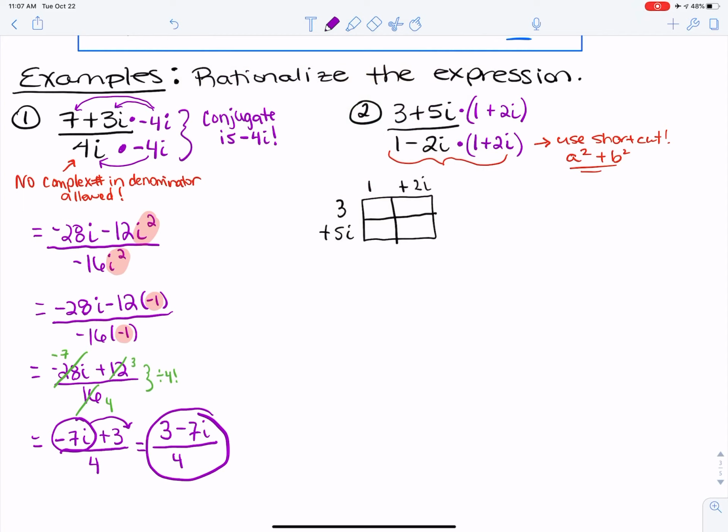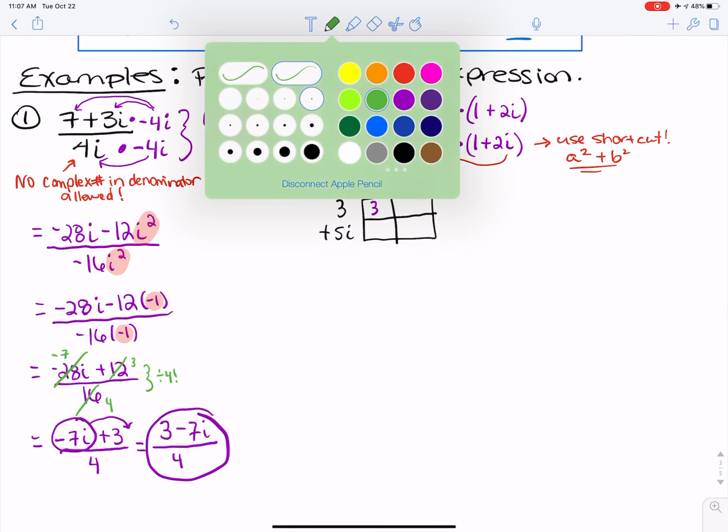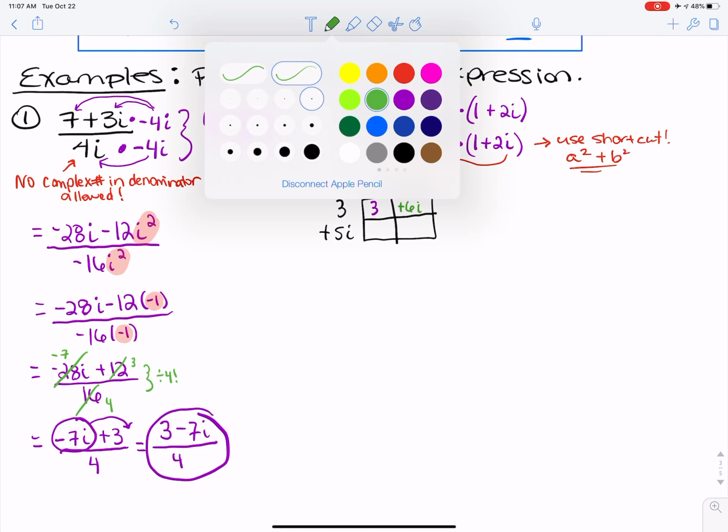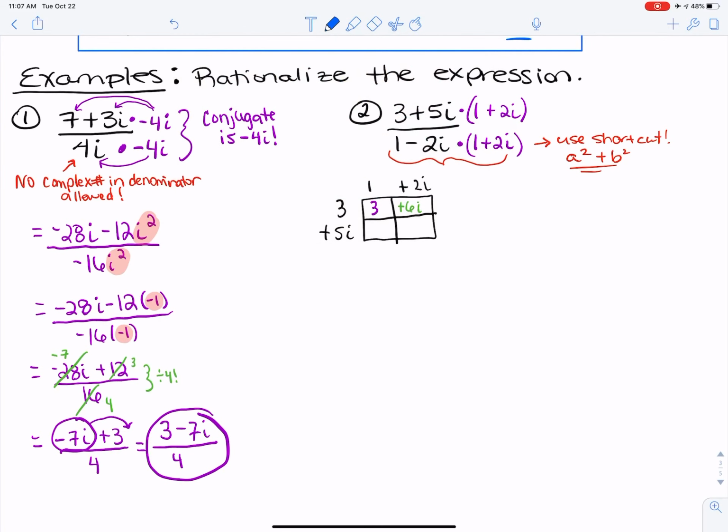All right, so multiplying, this is 3 times 1, which is 3. 3 times 2i, which is positive 6i. 5i times 1 is positive 5i. And 5i times 2i is plus 10i squared. But remember, this right here is going to be 10 times negative 1, which equals negative 10.